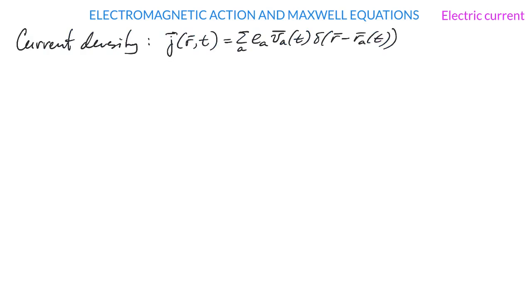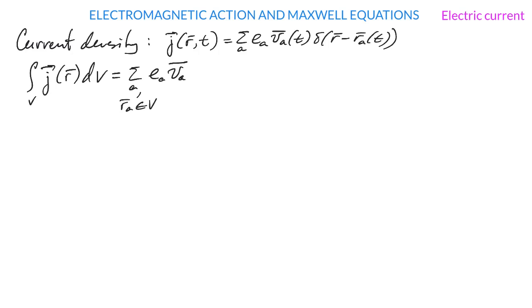First, let's recall the standard definition of the electric current density in 3 dimensions. We define it using the sum over the particles, so that the integral over some volume of the current density is equal to the sum over the particles inside that volume, such that R_a belongs to the volume, of e_a v_a, products of charges and velocities.